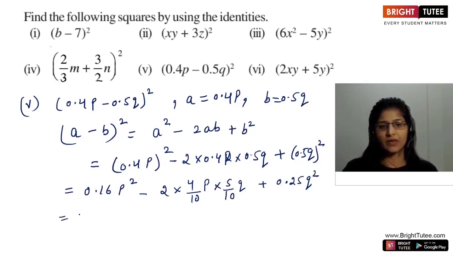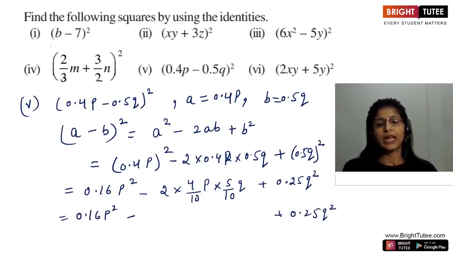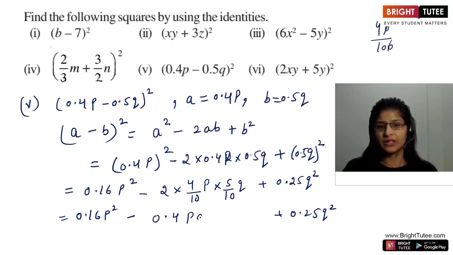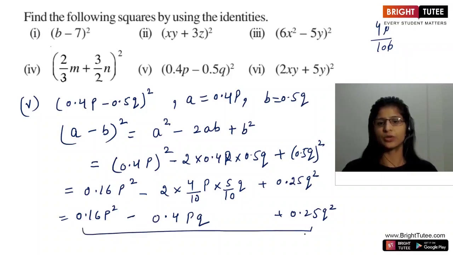So here what we get, 0.16 p square minus, here this will remain same, 0.25 q square. 2 4s are 8, 8 5s are 40, so we actually get 40 upon 100, right, 10 into 10 is 100. So cancelling a 0, we are just left with 0.4 p multiplied with q. So this is going to be your answer.